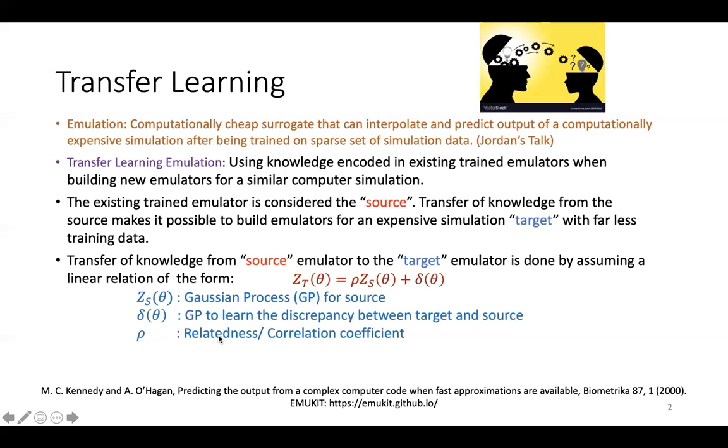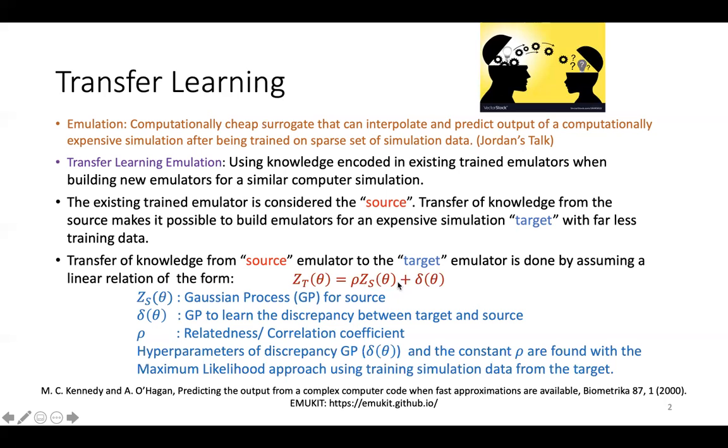And then you also have this parameter rho, which is just a constant, and it scales the source emulator output. All of these parameters, the rho and the hyperparameters in the discrepancy Gaussian process delta(theta), are found using a maximum likelihood approach with the training simulation data from the target.